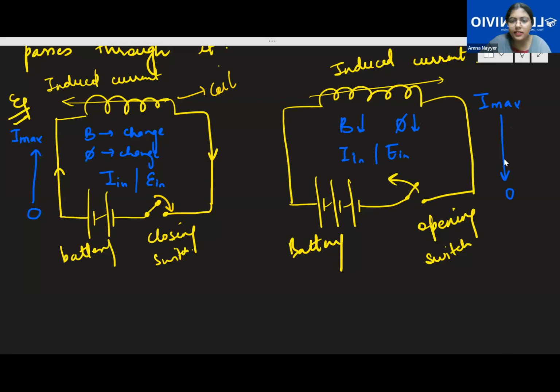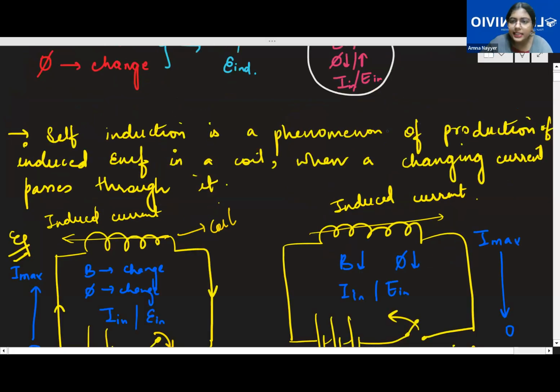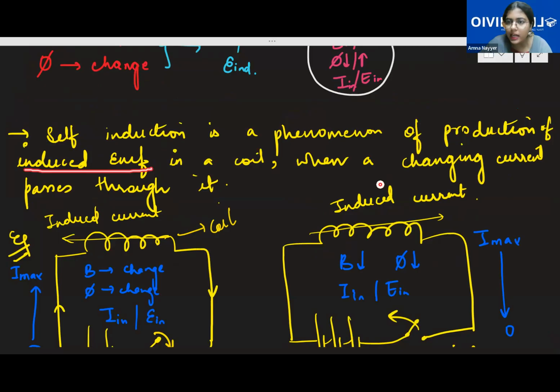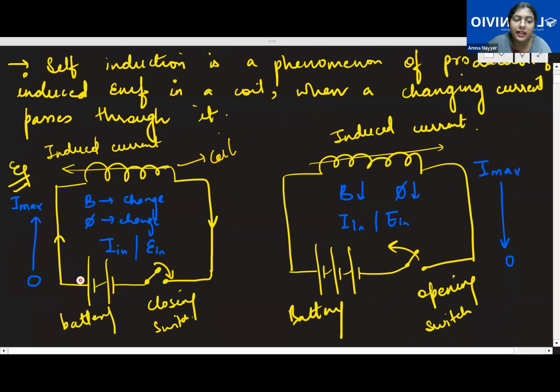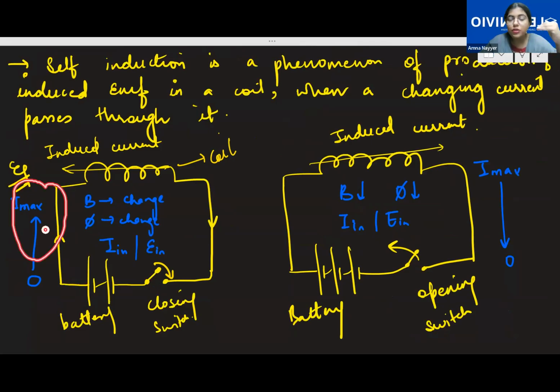Now see, after this, you will understand the definition better. This says self-induction is the phenomenon of production of induced EMF in a coil when a changing current passes through it. What is this changing current? This changing current is the current of the battery, the circuit current, when it changes from 0 to a higher value to zero again.